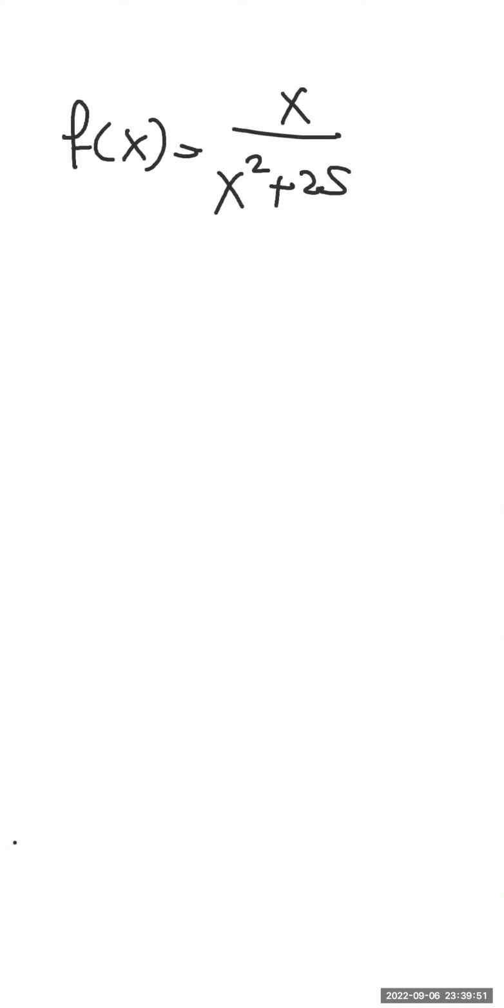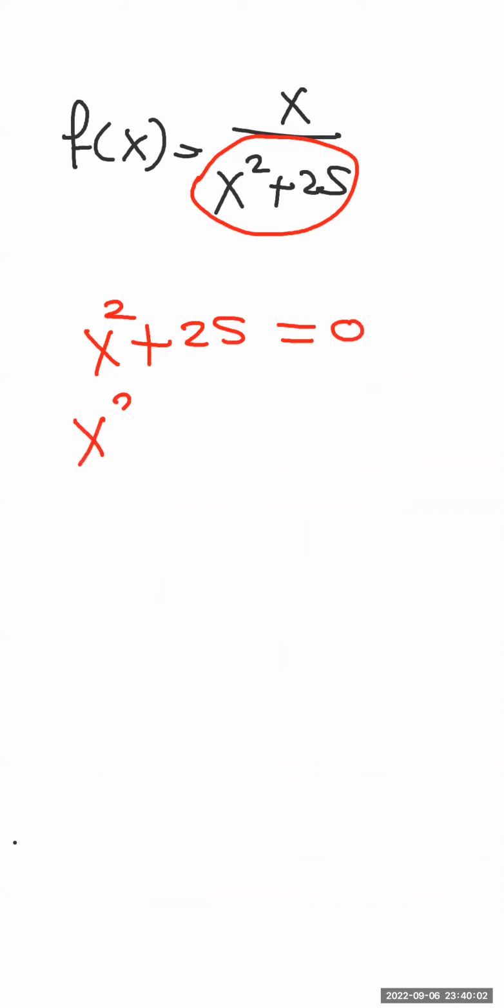The next question, f of x equals x over x squared plus 25. Now, the denominator is x squared plus 25. x squared plus 25 equals 0. Therefore, x squared equals negative 25.